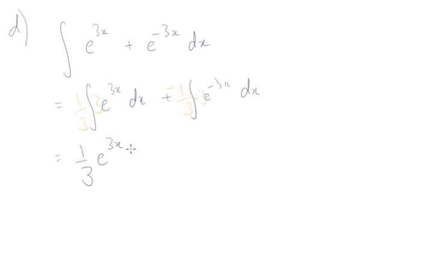You can include the constant here or include it out the back. You don't need two constants. I know you're doing two integrals, but really you're only doing one integral. As long as there's a constant in there somewhere, get that c in there at some point. Minus 1 on 3, then this is going to be e to the minus 3x, and then we'll add our constant in there.